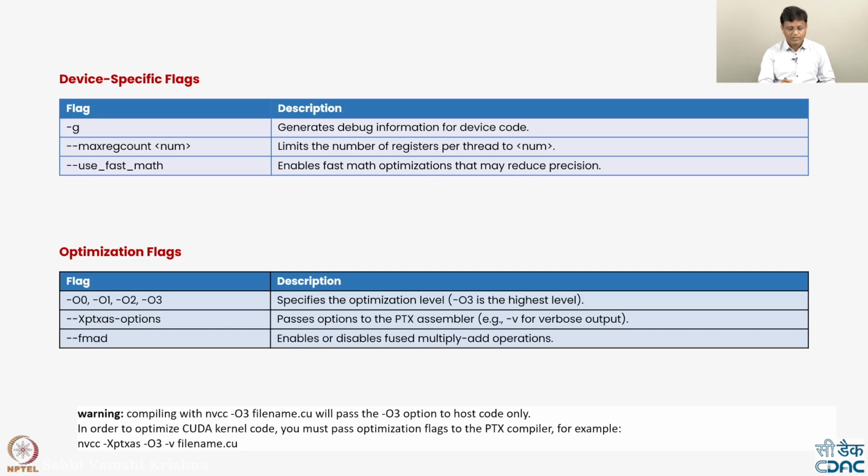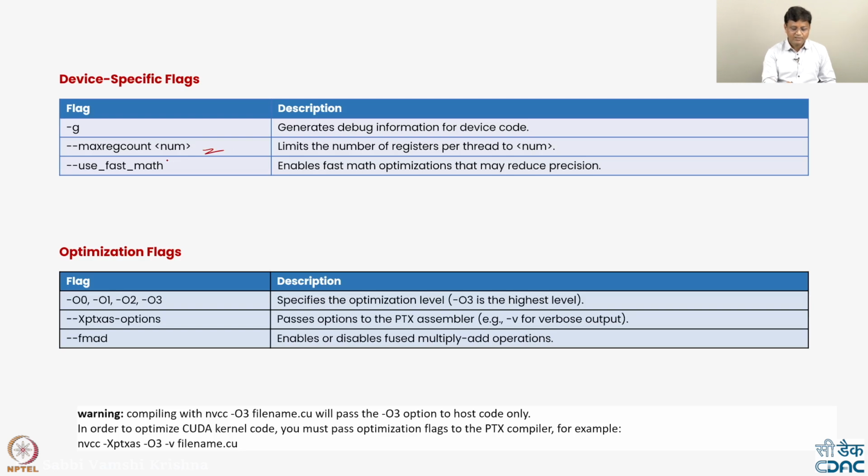Now, there are the device-specific flags and the optimization flags. Suppose you are going to compile your application and you want more information about your program or device code so that you can debug the problem. Then you pass -g, which is the debug mode. Apart from that, there is another flag, maximum register count.